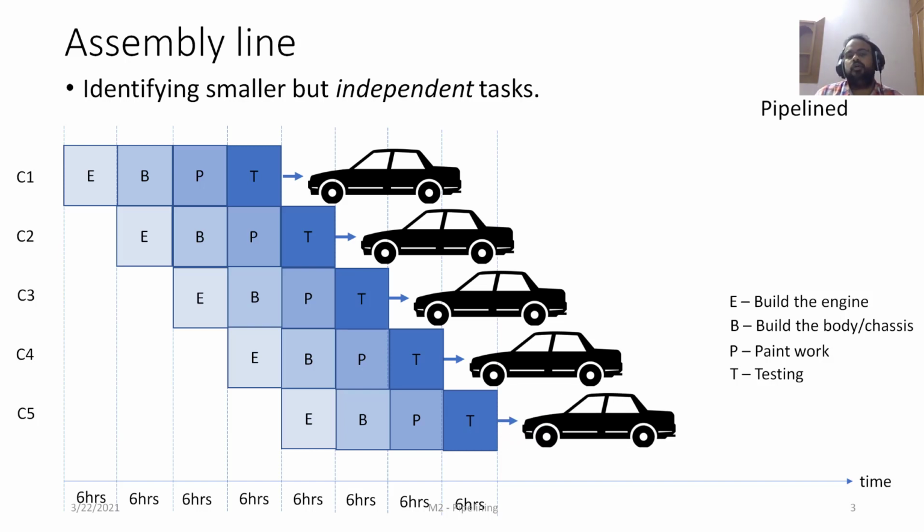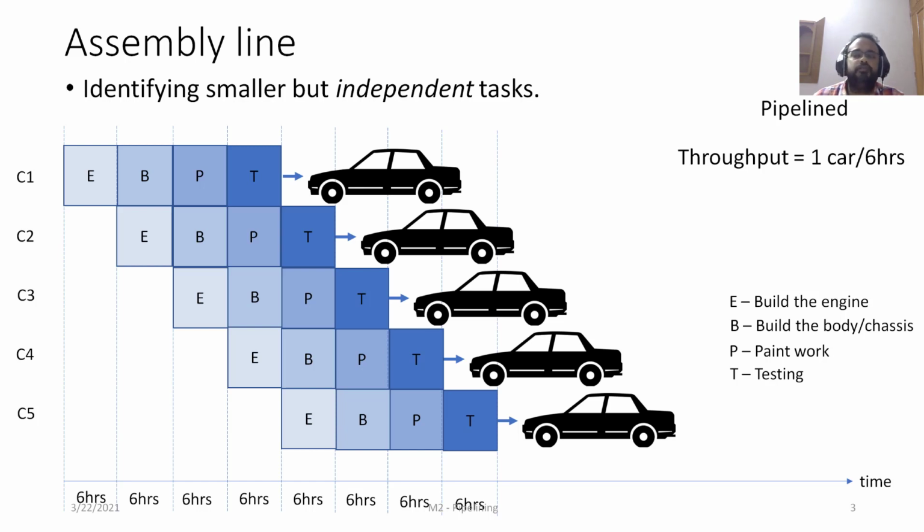Now, this is called a pipeline implementation, wherein we are trying to overlap the building process, right? Obviously, with overlapping of different steps of the car manufacturing. Now, the biggest advantage that we would get is the throughput.